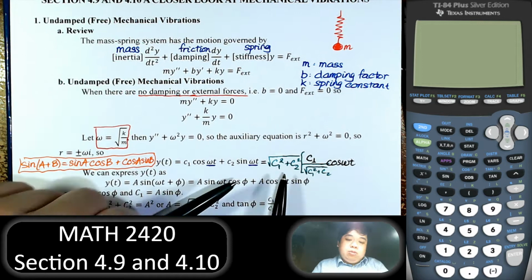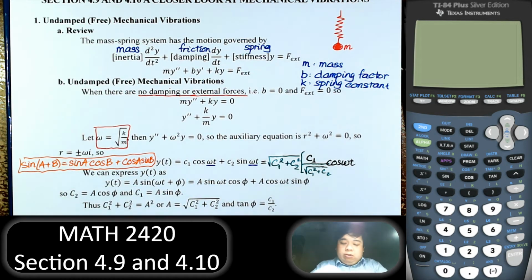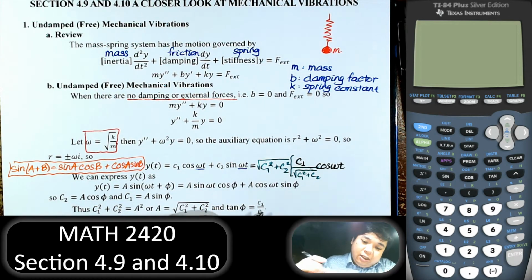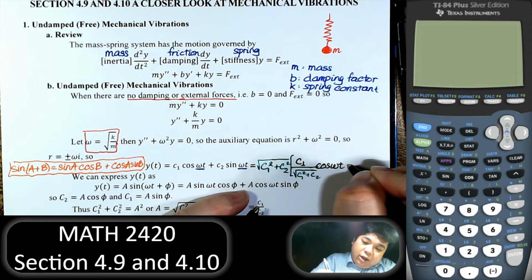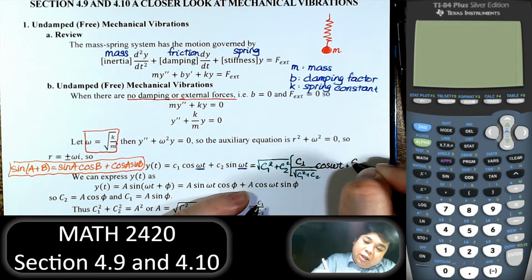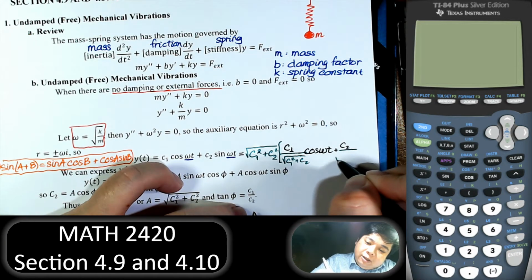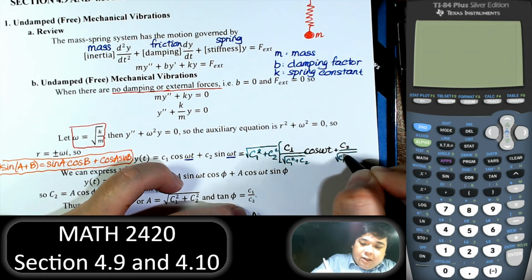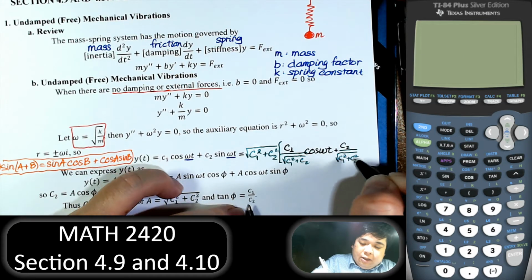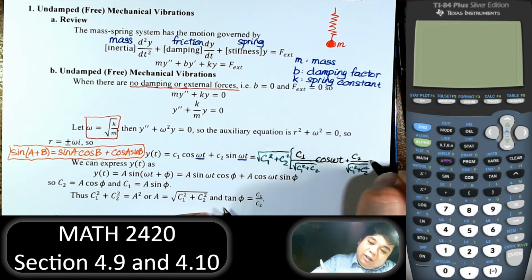Yeah, so just multiply and divide by the square root of c1 squared plus c2 squared, and then plus c2, of course divided by that, and then we have sine of omega t.